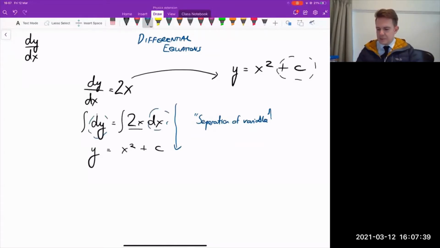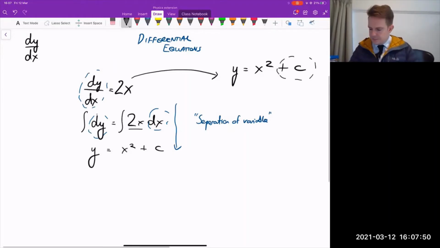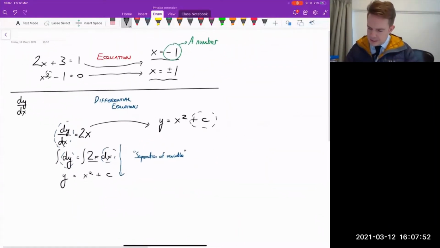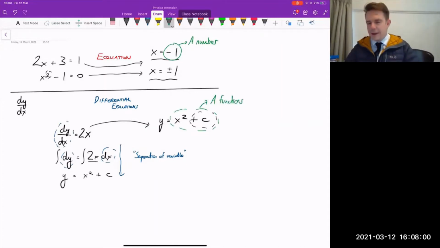Okay, we've sort of treated the derivative a bit like a fraction. So that's one type of differential equation. What's important about differential equations is that the solutions are no longer numbers, they are functions. So you don't get roots of a differential equation, you get functions out of a differential equation.